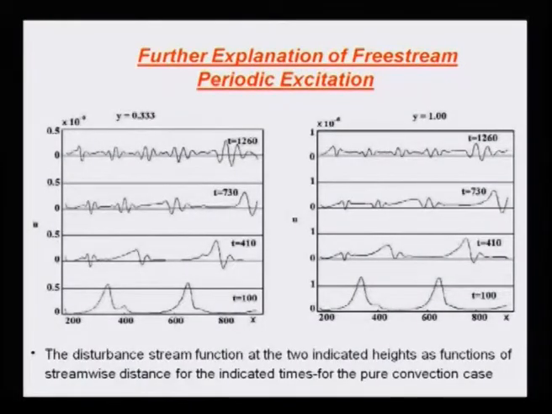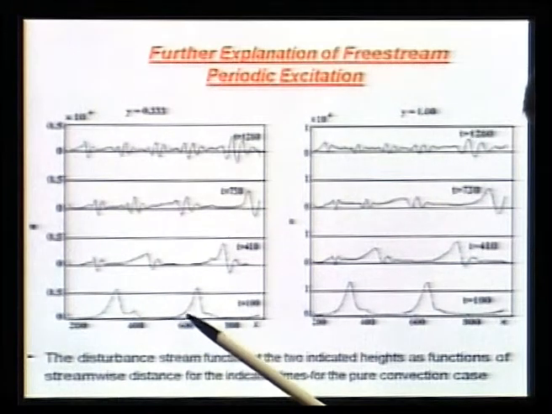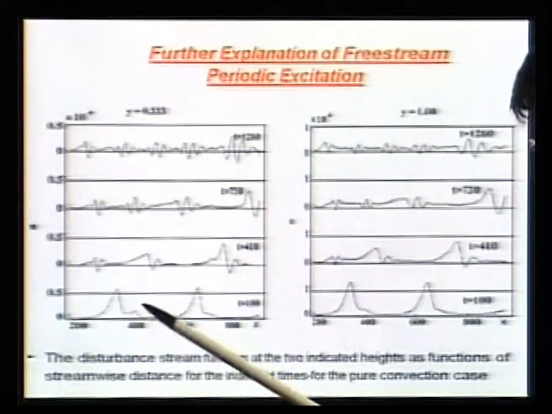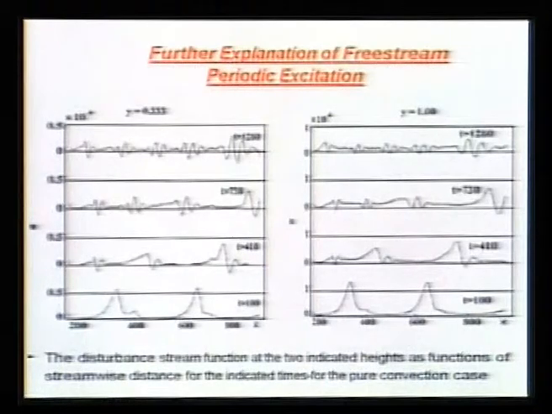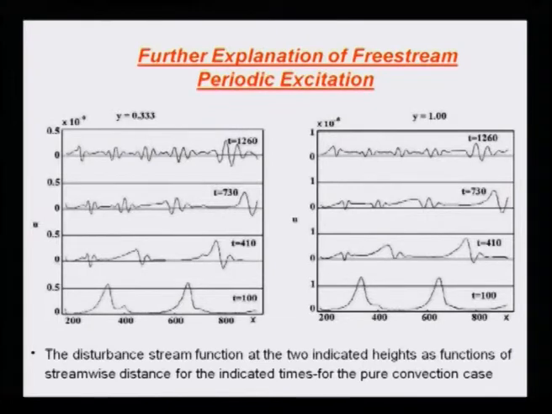To begin with, we had the vortices at a 100 pi interval. So, the first vortex was kept at around 345, and the following one was at 315, then 630 and so on. If you look at t equal to 100, where would you see the free stream vortex?